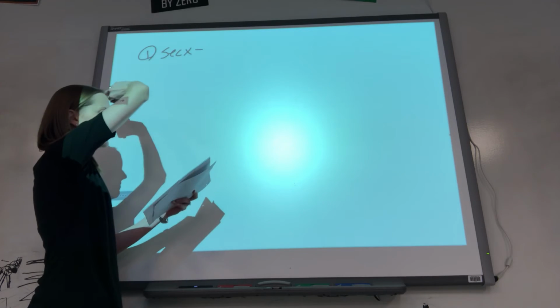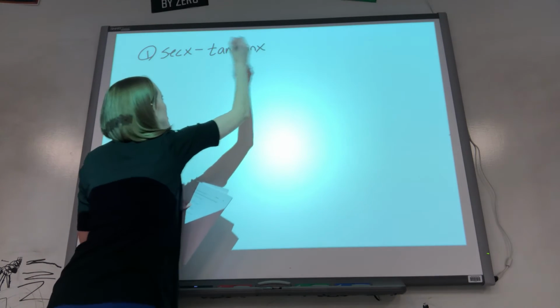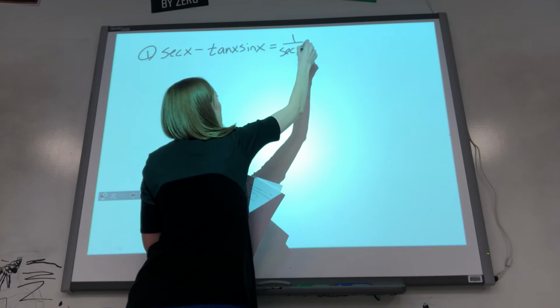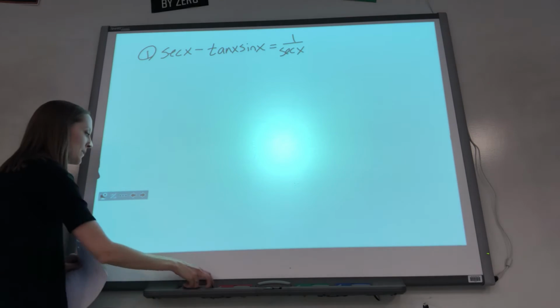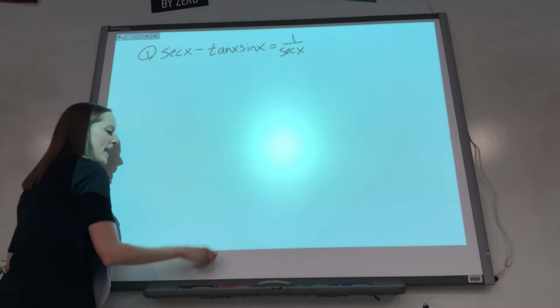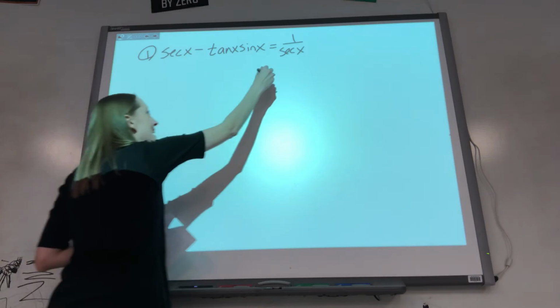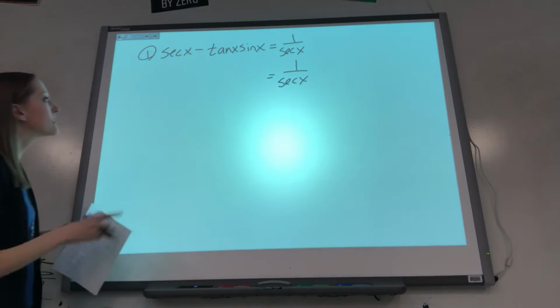Secant of x minus tangent of x sine of x equals 1 over secant of x. All right, keep the right, work on the left, unless it's a proportion. Keep the right, work on the left.